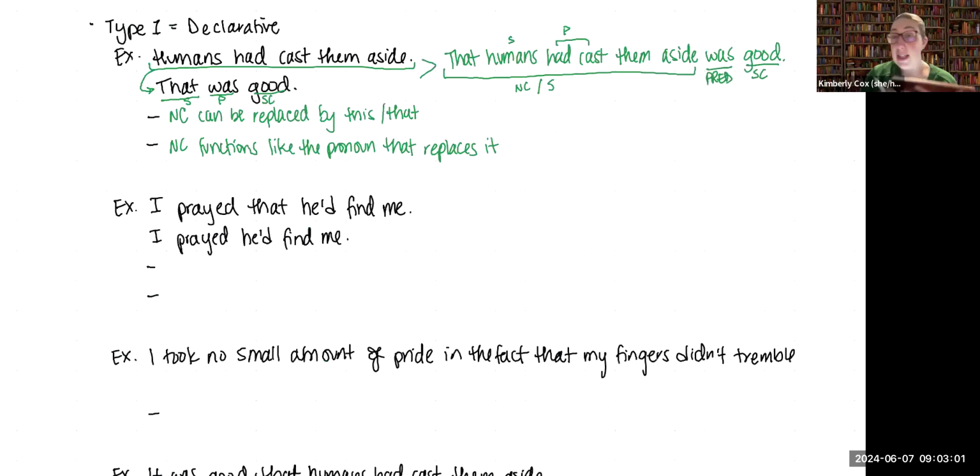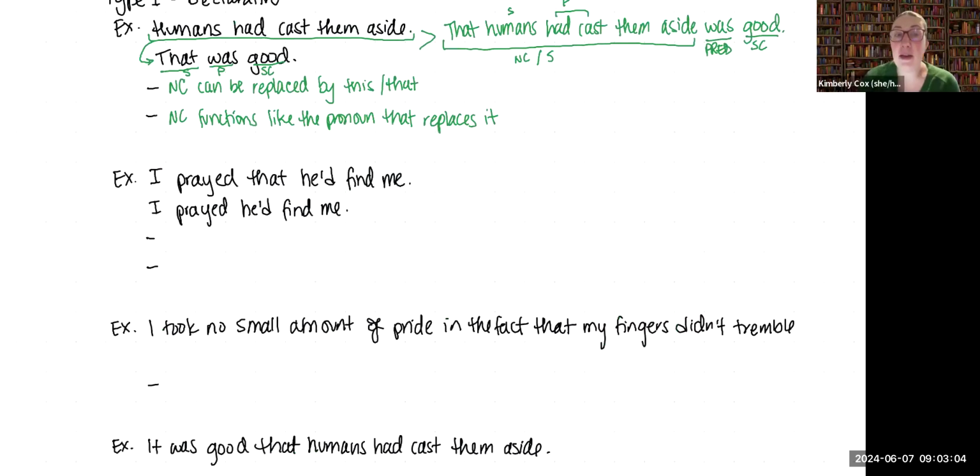Let's take a look at these sentences. I prayed that he'd find me versus, sorry, I prayed he'd find me. This particular type of noun clause is what we call a zero complementizer. It just means that when the noun clause functions like a direct object, that can be dropped.